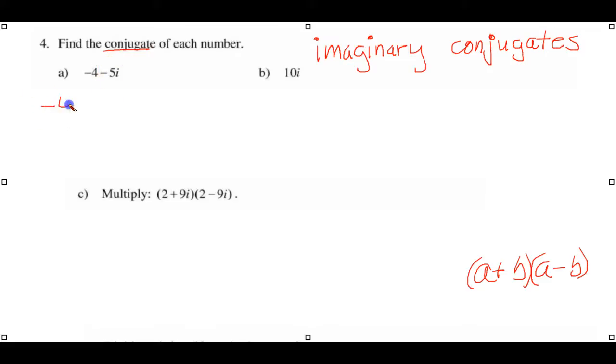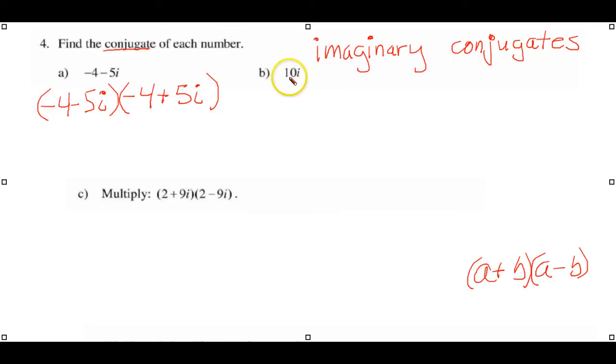So if this is what we have, what would be the conjugate of this? Well, the first number would be the same, and the last number would be the same, but the sign in the middle would be the opposite sign.